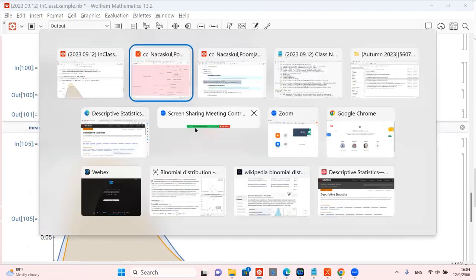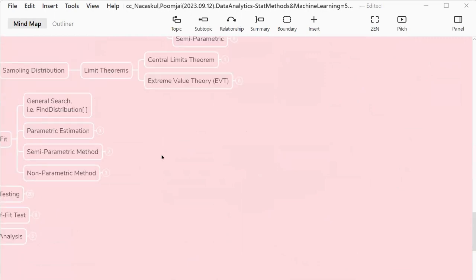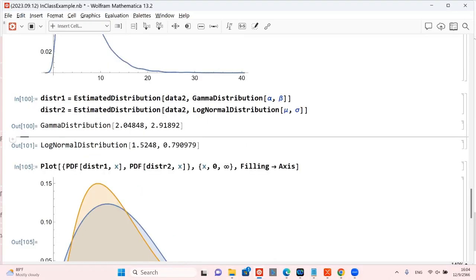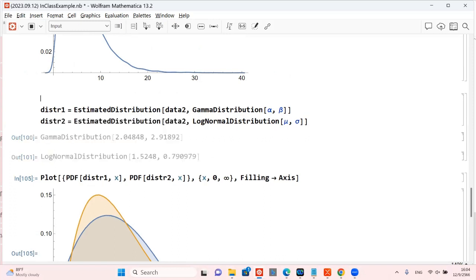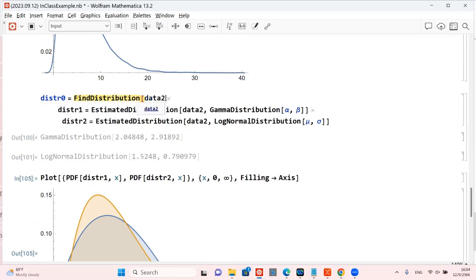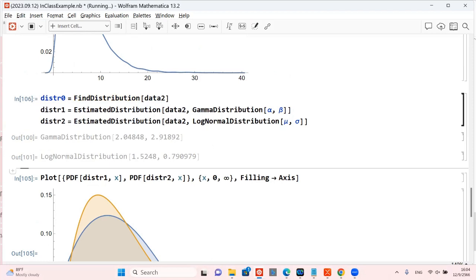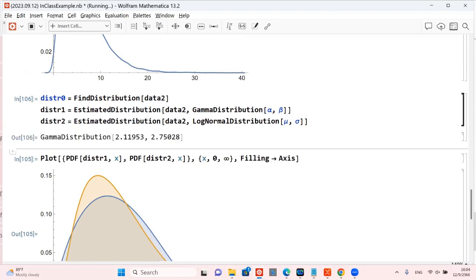Let's look at what we did. Find distribution. Let's call this distribution 0 equal to find distribution. It's going to take a while.